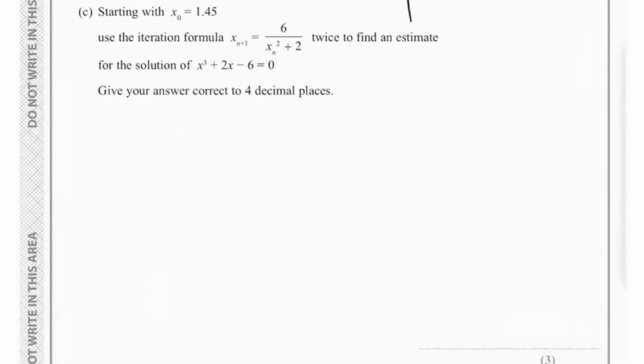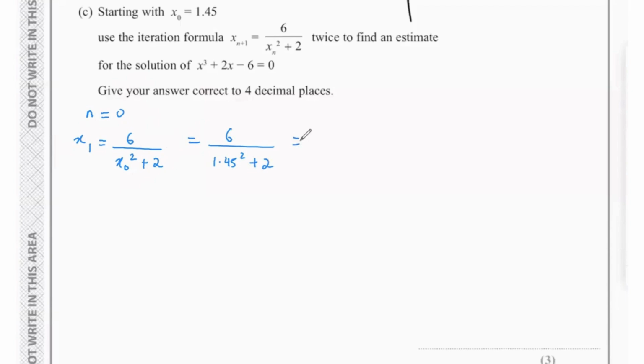In part C, it says starting with x0 equals 1.45, use the iteration formula x(n+1) equals 6 over xn squared plus 2 twice to find an estimate for the solution of x cubed plus 2x minus 6 equals 0, giving your answer correct to 4 decimal places. For the first value, I'm going to assume n equals 0. So x1 equals 6 over x0 squared plus 2, which is 6 over 1.45 squared plus 2.